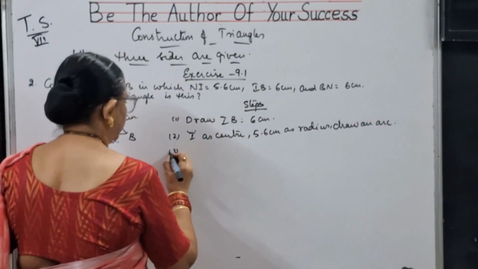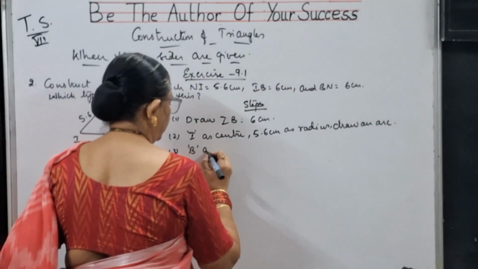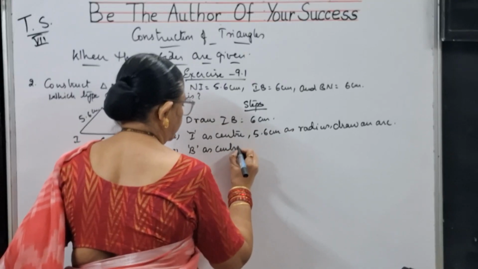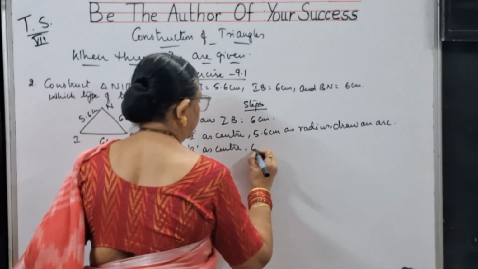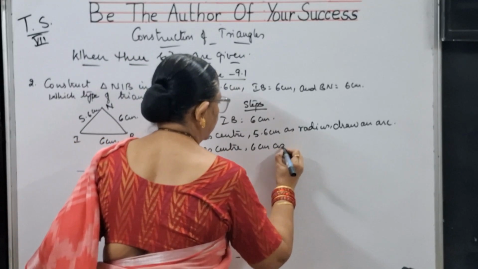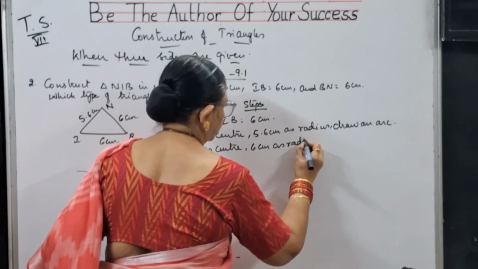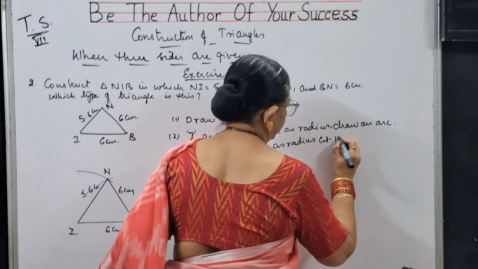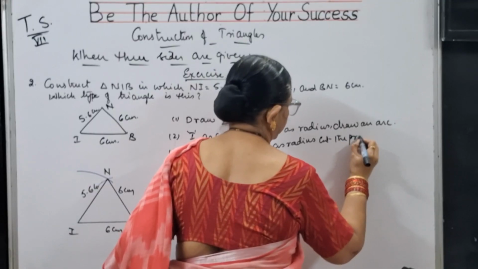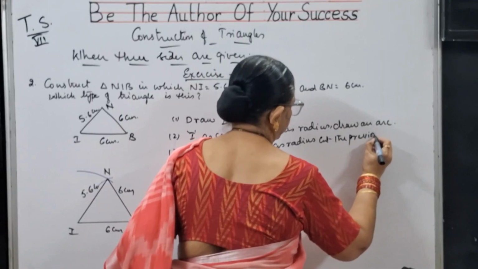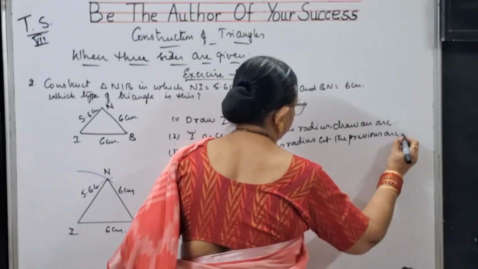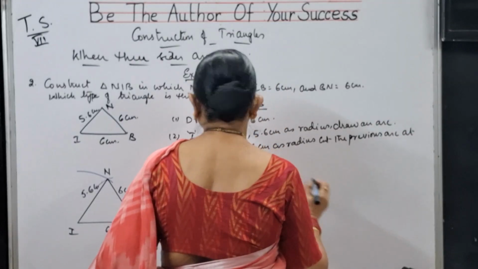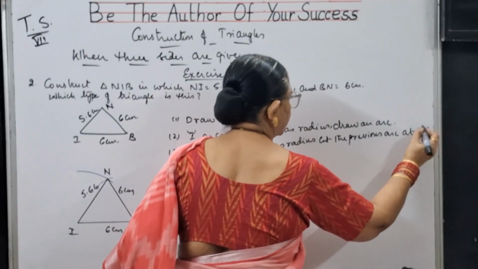Next, third one. B as center, 6 centimeters as radius. Cut the previous arc at the point called N.